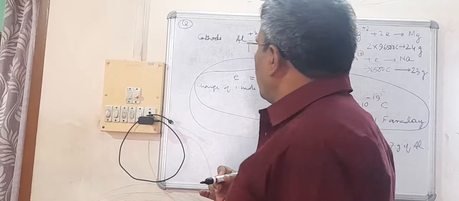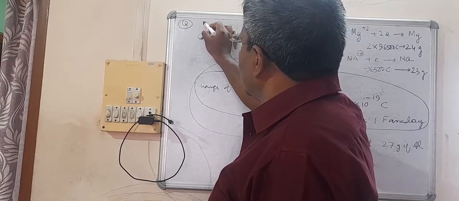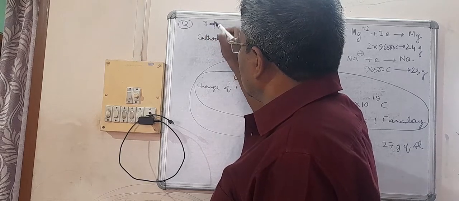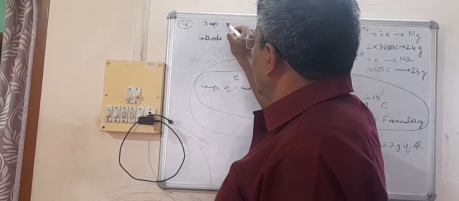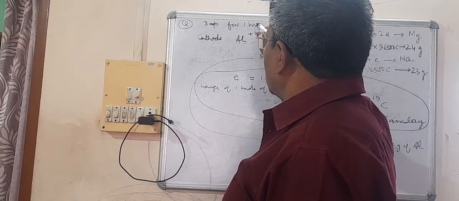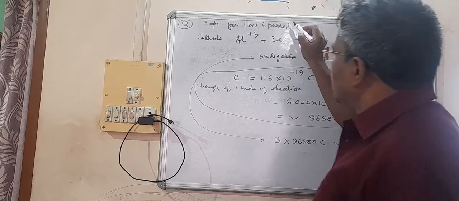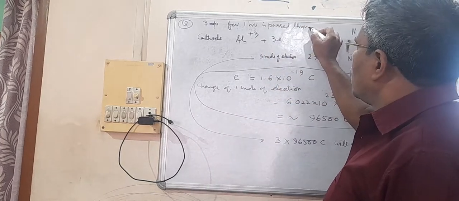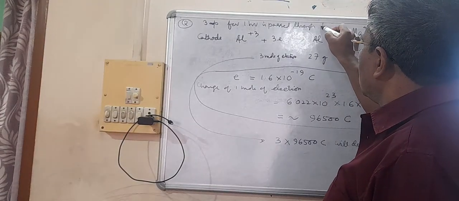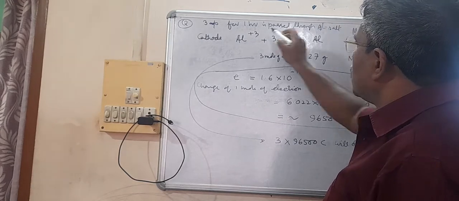Say a current of 3 ampere for 1 hour is passed through aluminum salt solution.